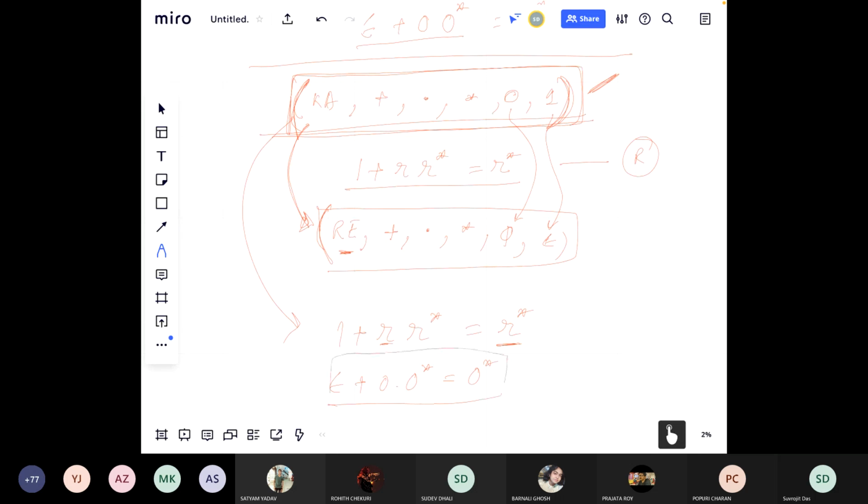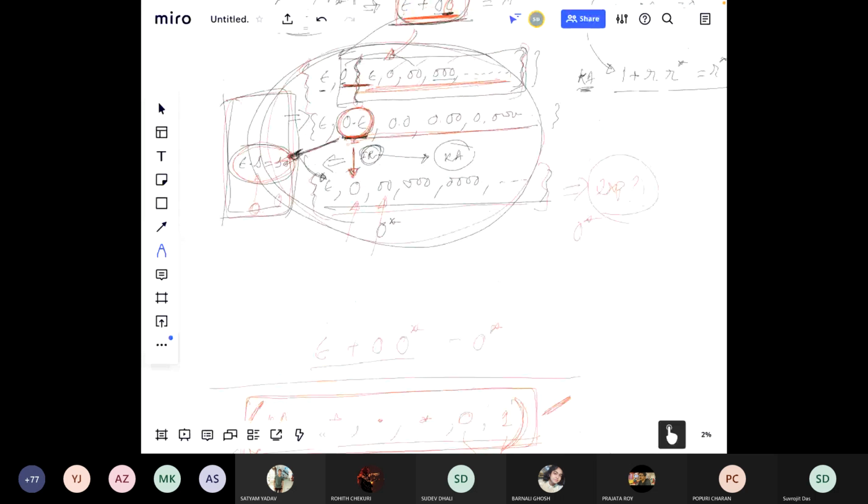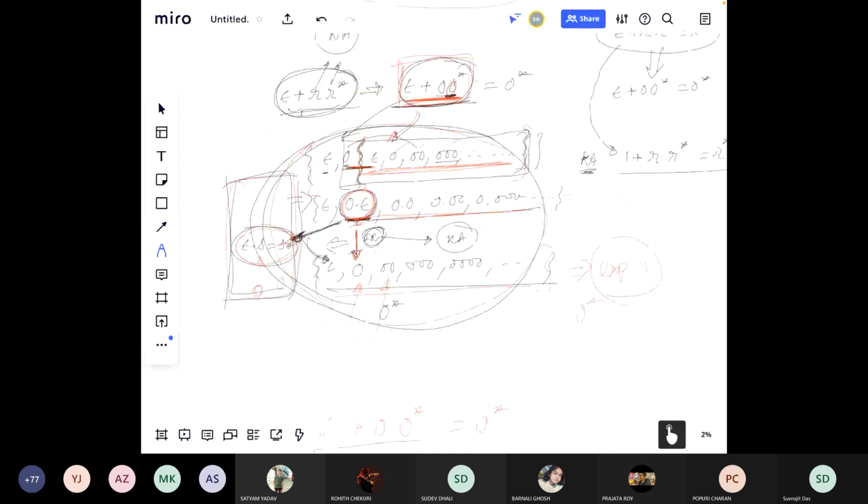So if we have a rule, then the costly algorithm to minimize epsilon plus 0 0 star to 0 star was based on this enumeration and ordering, and then there was a very vital question. Does there exist an algorithm that would convert this set? Remember, this is an infinite set, right? Is there an algorithm that would convert this infinite set to an expression?